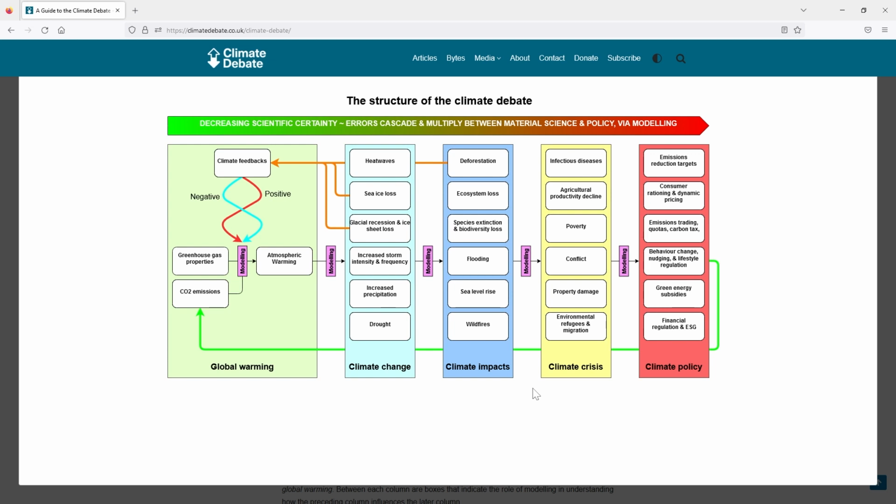But it's not observational science, it's modelling science, it's modelling studies that make the claim that all of these things are happening. And that needs to be explained to people. Often some of them are scientists.